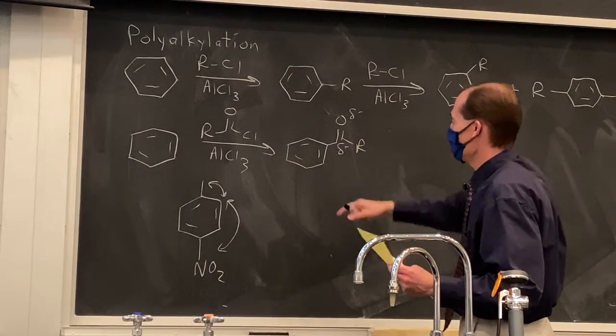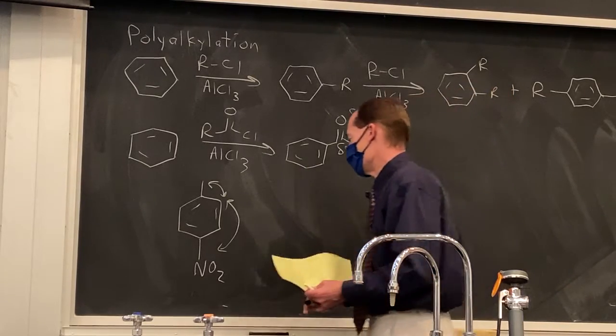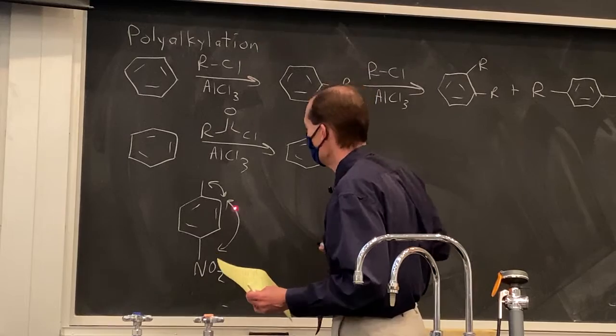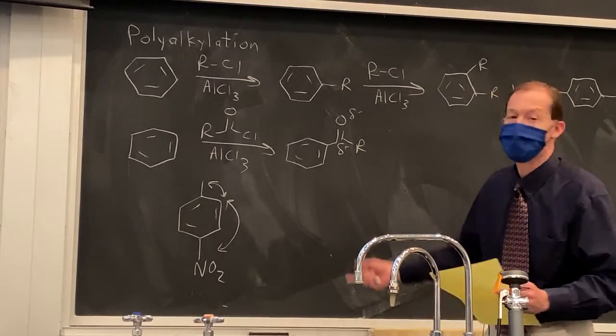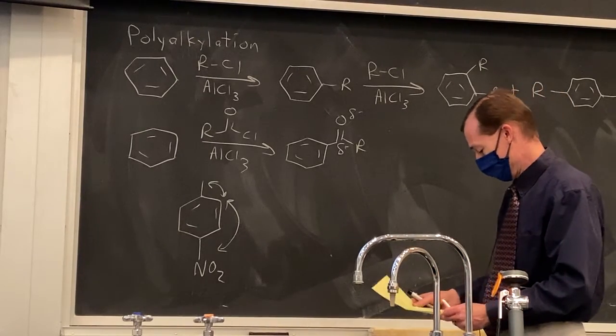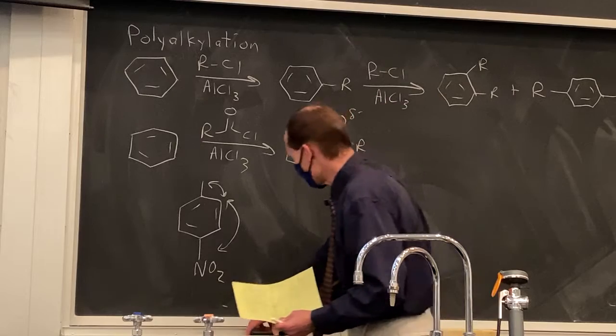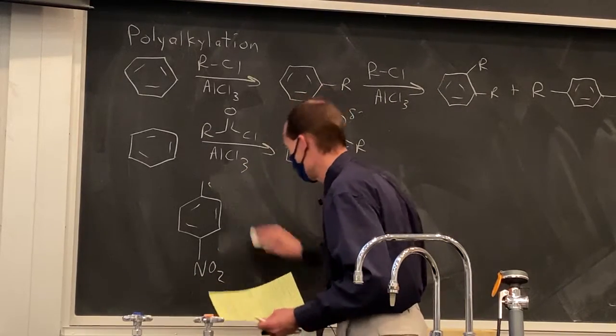This is not the topic I mentioned, of which order we would put these groups on. This is the topic of to which carbon a third substituent would go. So I'm sorry, I got ahead of myself in the discussion we were having. We're going to erase these arrows and come back to that. Sorry about that.